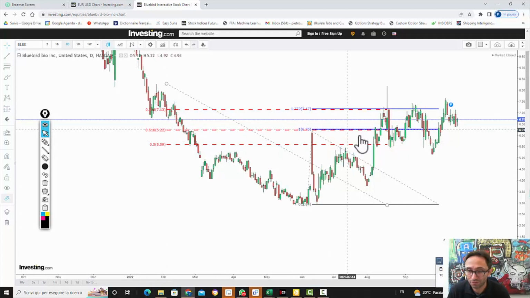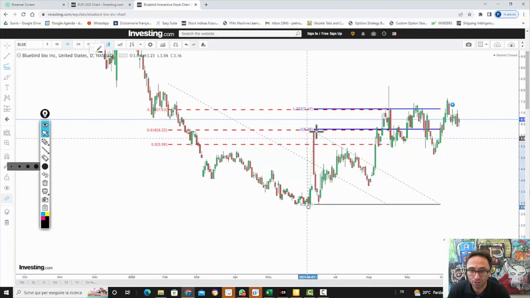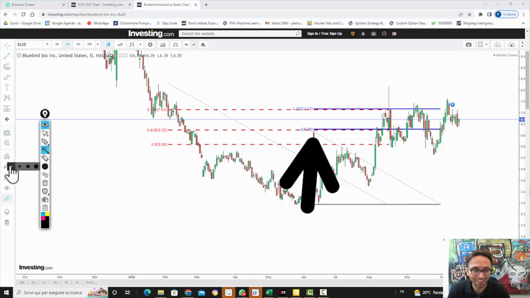We got 3 levels here, and then of course we do the same exercise of style. So let me get the fib extension tool. So we go here, we take this A leg, and we project it from here, and you can see that I get exactly the same levels, right? So what am I doing here? I'm projecting the A leg.